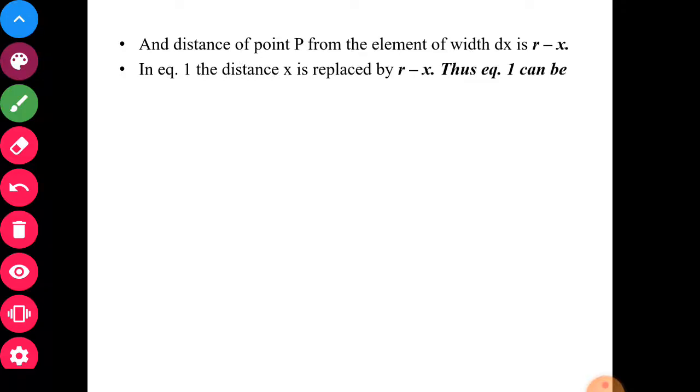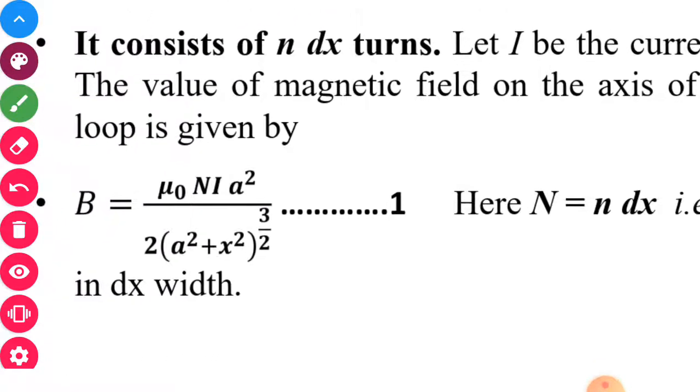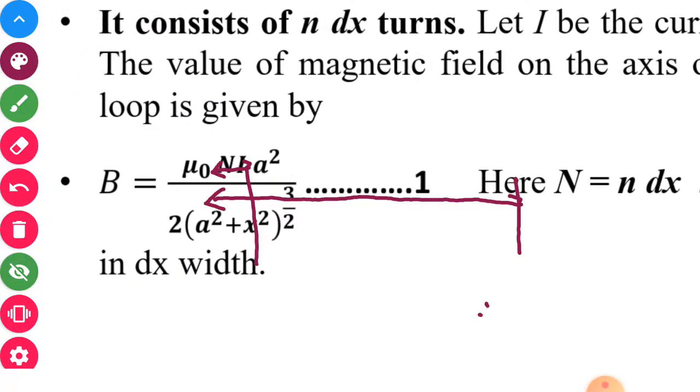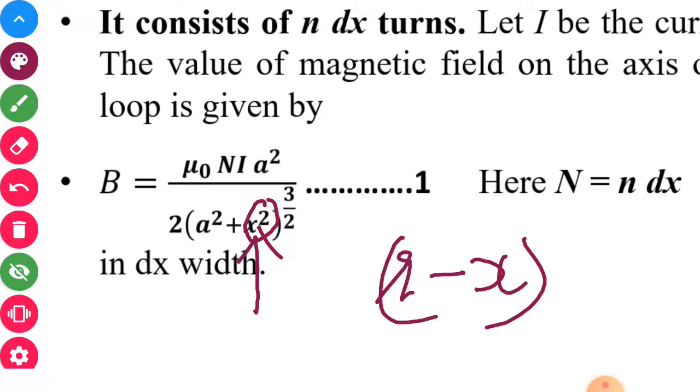So in the equation which we had here, this equation we have already discussed, x shows the distance of the point where we want to find the magnetic field. Instead of x, what shall we write? We shall write r minus x for our case.